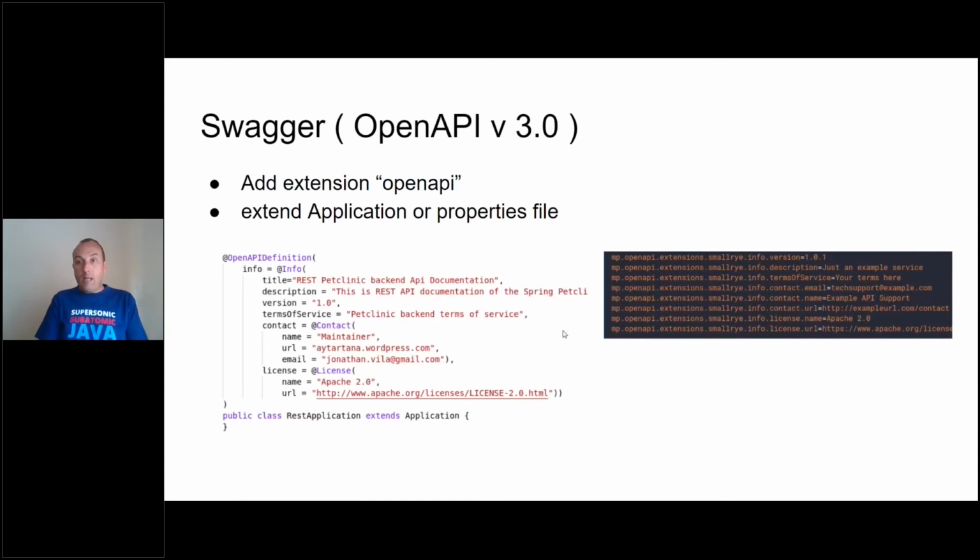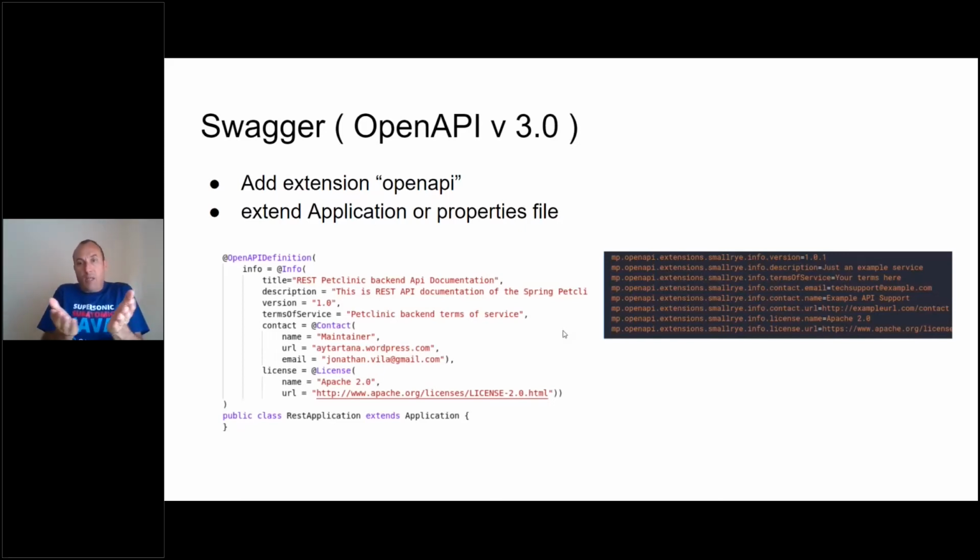Regarding OpenAPI, it's a matter of adding the OpenAPI extension, and then you can configure the global information for your API, either in the code using the OpenAPIDefinition annotation in a class that extends the JAX-RS Application, or by adding these properties into the properties file.